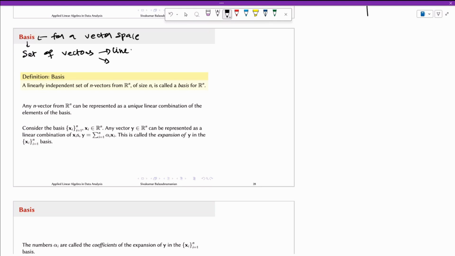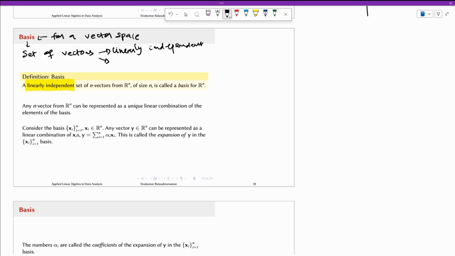It's linearly independent. Well, I've actually written it here. It's linearly independent, and well, I've written the definition slightly different here, but they're all connected.